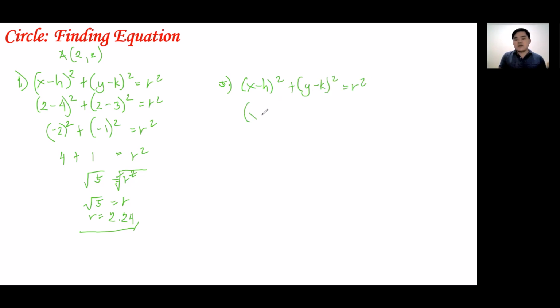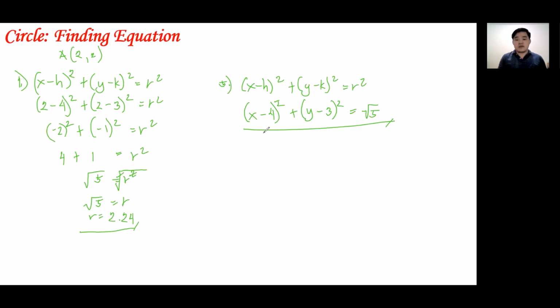We have already now our h, and our h is 4 squared plus our k is what? Our k is 3. So that is 3 squared is equal to, what is our r squared? Our r squared is square root of 5. Okay, so this is now our equation of the circle in standard form.